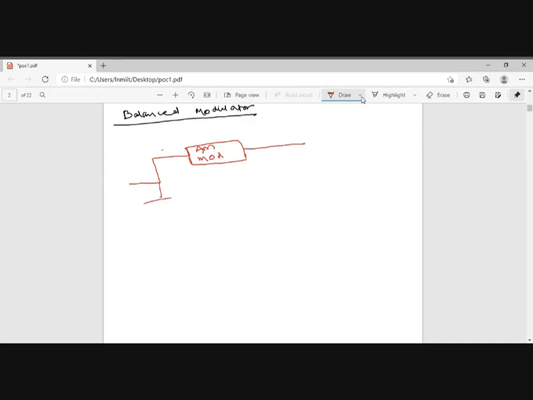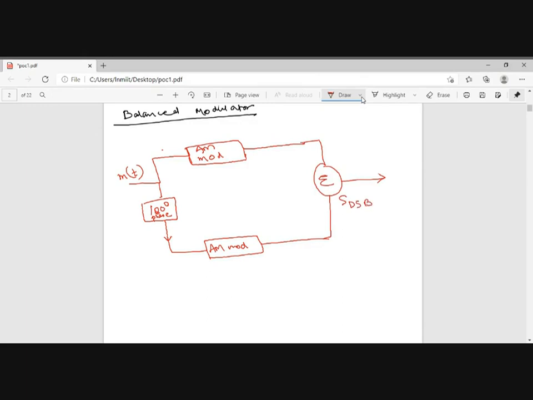Then I am shifting the modulating signal m(t) by a 180-degree phase shift and applying it to another AM modulator, and then I am adding them to get my s_DSBSC.